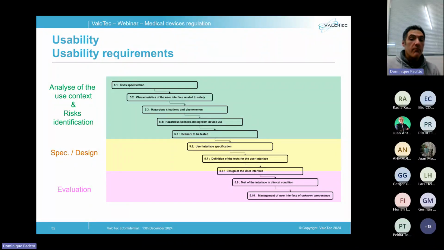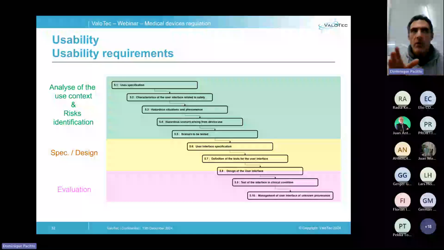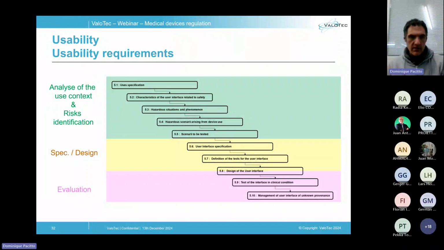Clauses 5.6 to 5.8 are activities related to the specification and design of the user interface. And clauses 5.8 again to 5.10 are activities related to the evaluation of the user interface. This grouping is a rough idea, but it can be summarized like that. We can recognize here the shape of the development method with specification, implementation, and test at the end.